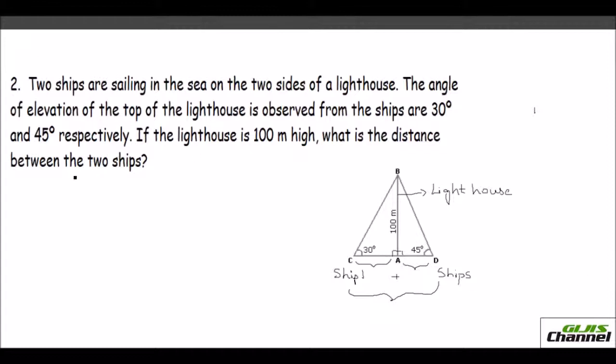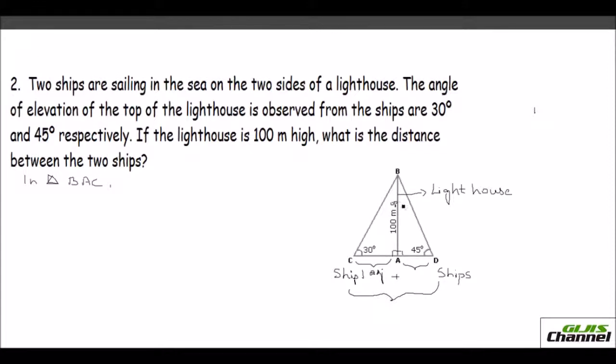Let's do that. In the first triangle, it is a right triangle, in triangle BAC, the right angle is at A, right? So here I need to find out this side, the side adjacent to the angle 30 degrees. So that's the adjacent side, and this 100 meters, the height of the lighthouse, is my opposite side.